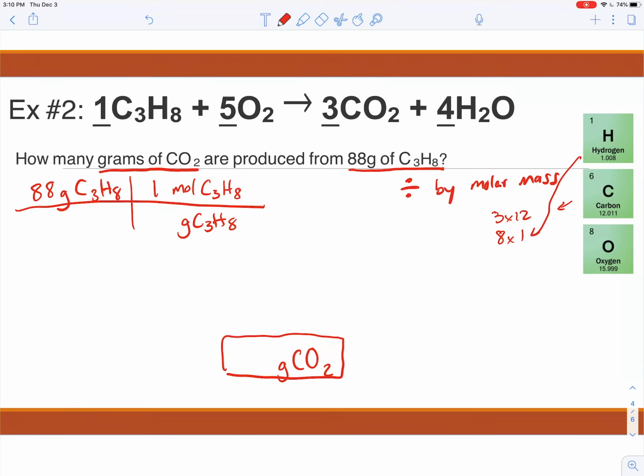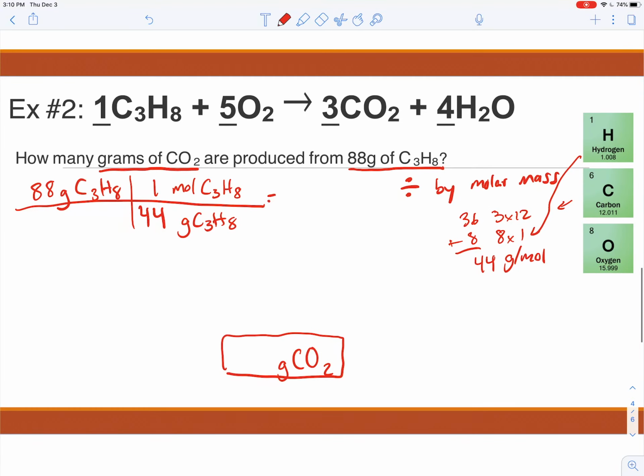So if I bring that here, there's 8 times 1. Well, that's 36 plus 8, and that's 44 grams per mole. Great. So that number goes on the bottom. Again, that's the molar mass of propane. Well, look, 88 divided by 44. I think I can do that math. That's 2 moles of propane, C3H8.